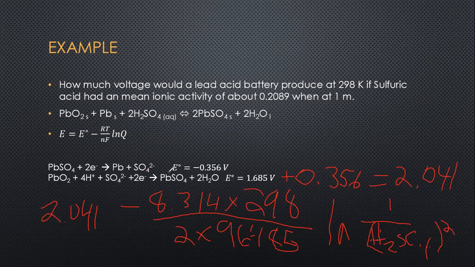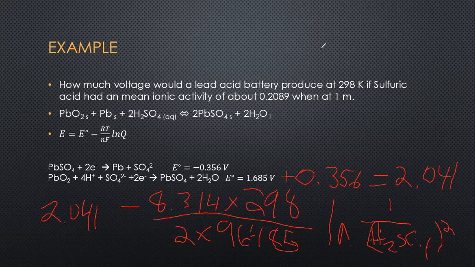So natural log of 22.915 times 8.314 times 298 divided by 2 divided by 96485. So it's subtracting 0.040.